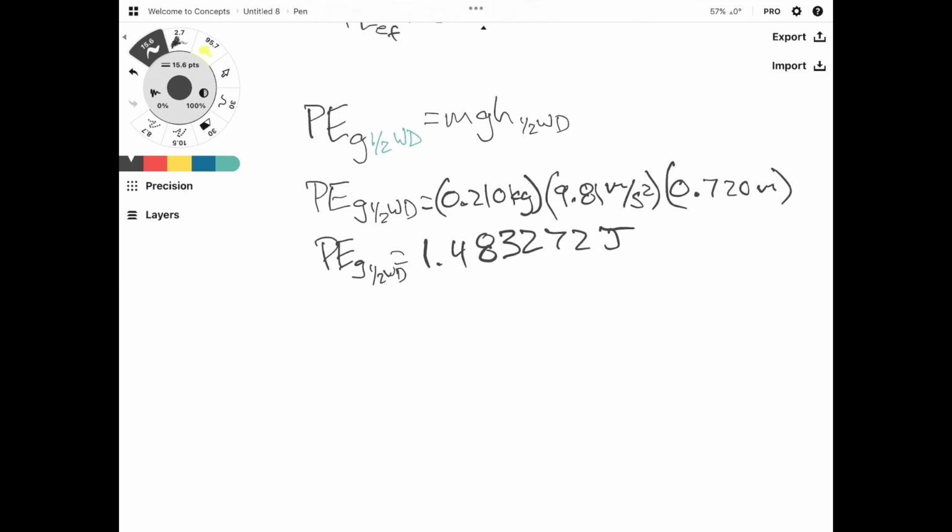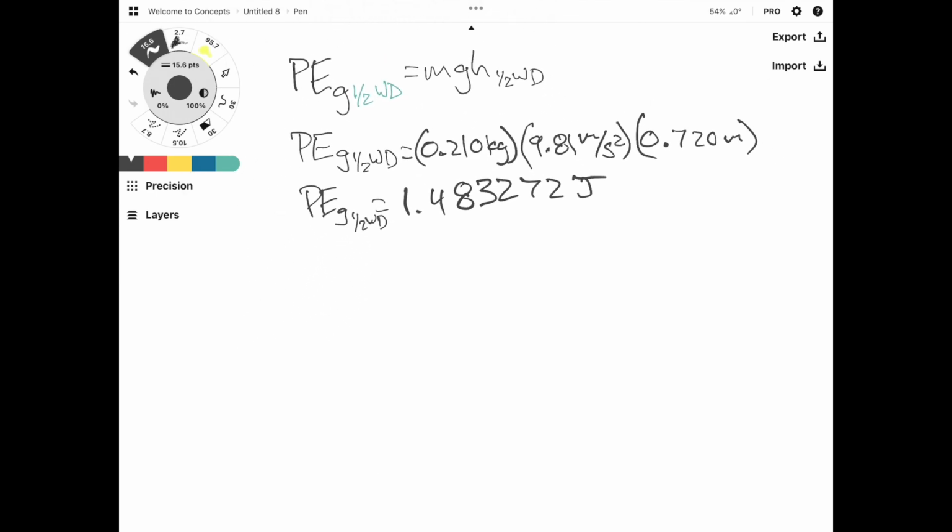So when I plug that into the table, it's just going to be 3 significant figures, 1.48 joules. Now I'm going to calculate the elastic potential energy, the potential energy in the spring halfway down, which is 1/2 kx squared.